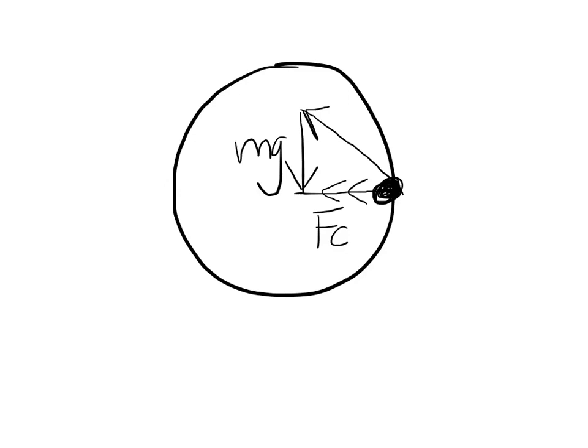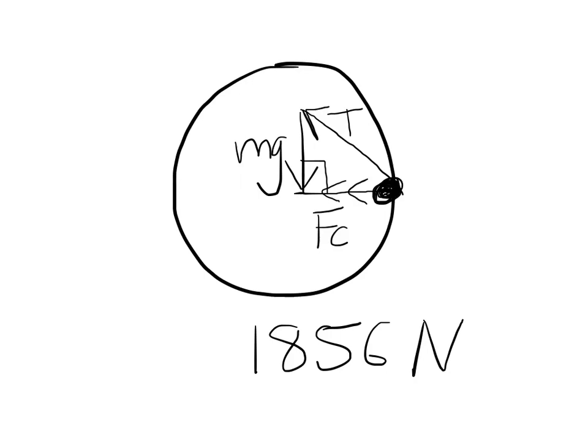The other important idea, of course, is that this is a 90-degree angle, and hence we can use trigonometry to find the actual value for the tension force, or the force the structure exerts on the person. And a quick calculation on my calculator, squaring Fc, squaring mg, adding them and then square rooting gives me 1856 newtons for the tension force in this case.